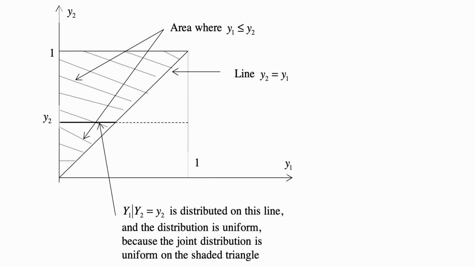And it's conditional on this event that Y2 is equal to y2. And of course, given that the joint distribution is constant on that triangle, this means that Y1 given that Y2 is equal to y2 is distributed on that thick line, and the distribution is uniform because the joint distribution is uniform on the shaded triangle.